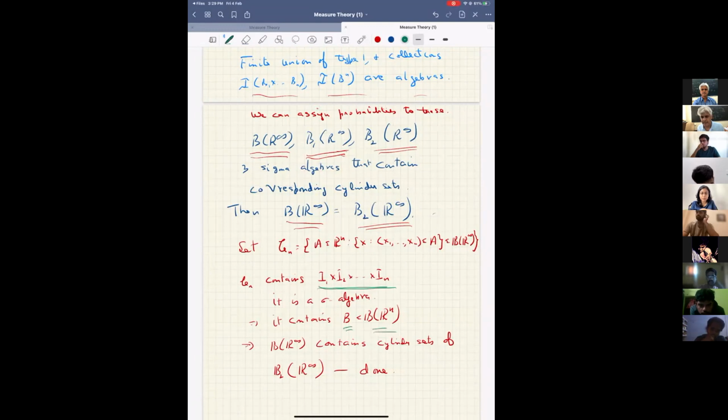And since it contains cylinder sets corresponding to B belonging to B of Rn, and it's a sigma algebra, that means this is going to be at least as large as B2 of R infinity. So hence it's equal to B2 of R infinity.